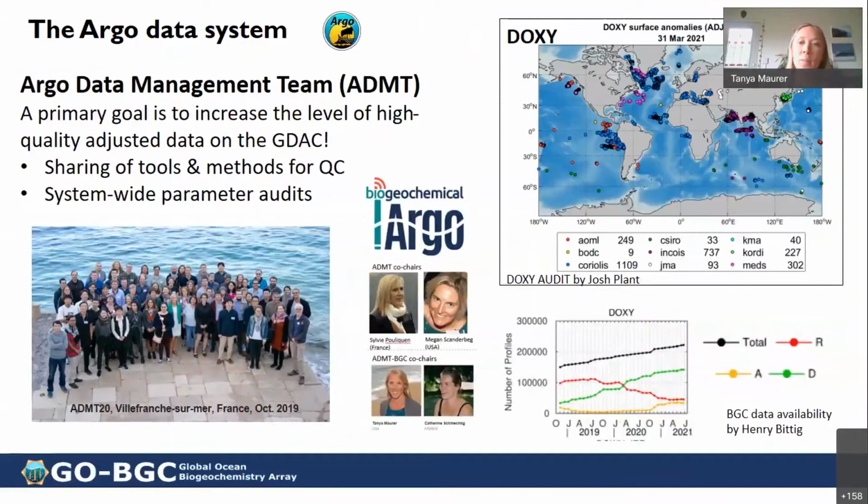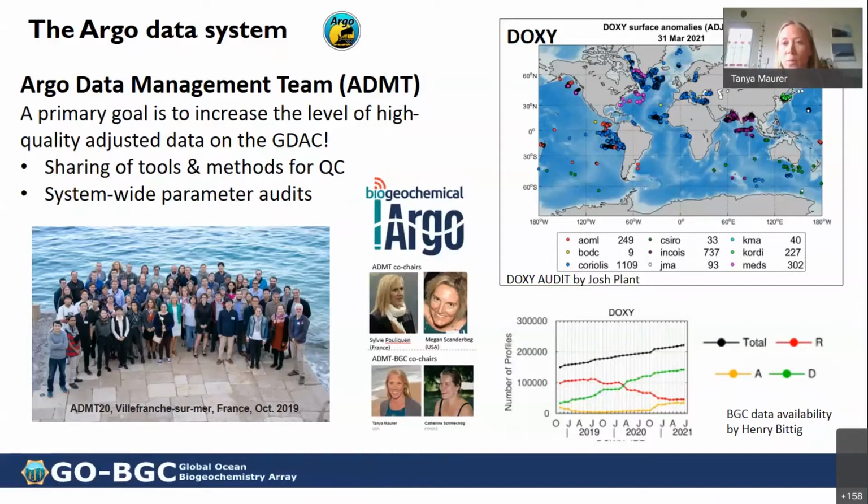The International Argo Data Management Team is a group that comes together to forward the progress of the Argo data system, with a primary goal of finding efficient ways to increase the level of high quality adjusted data at the GDAC accessible to users across all parameters. This is really a community-wide effort. There's a lot of sharing of tools and resources that goes on, as well as recently the development of some system-wide parameter audits that have really helped to bolster the amount of delayed mode data available to users.